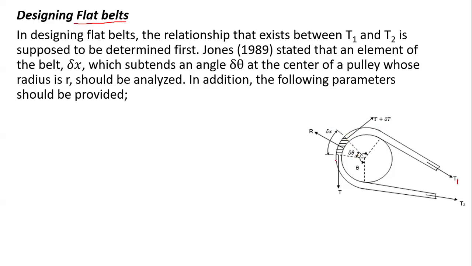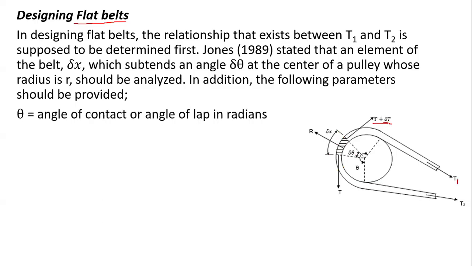Now, the tension is increasing from the slack side going towards the tight side. When you move by this element, delta X, your tension is going to increase by delta T. So at this point, we have tension T. As you get to this point, after moving through this elemental length of the belt, delta X, your tension will now be T plus delta T.